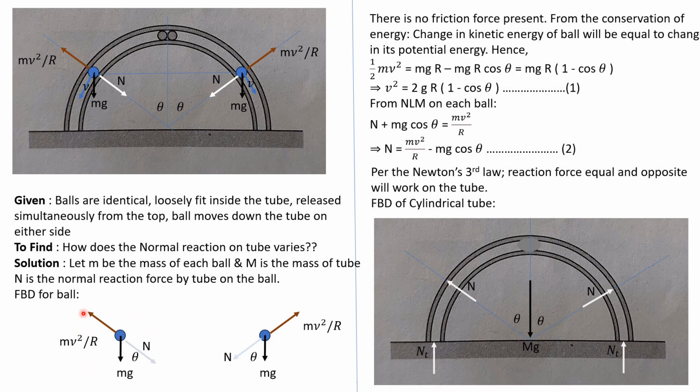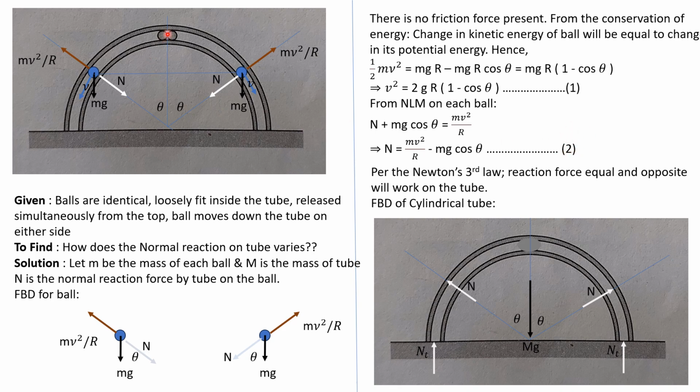All the forces are shown. From here we can see on one ball, the force along the normal direction is N and a component of the weight mg cos theta. So N plus mg cos theta will be equal to mv square by R. So this is equation number 2.